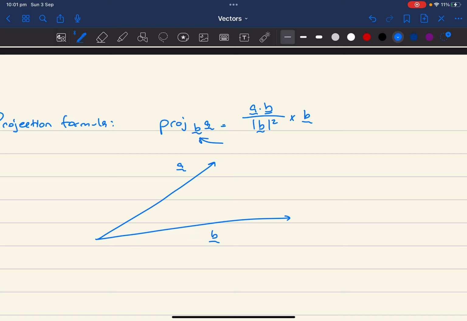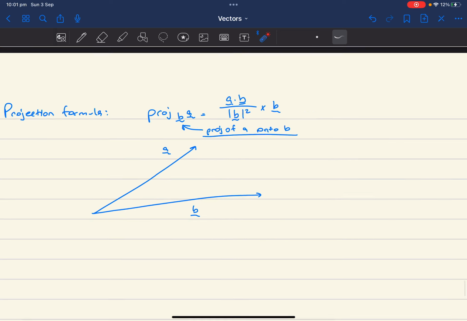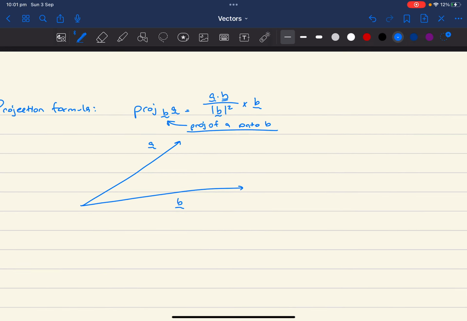That's what this means, projection of vector A onto B. So what it means visually is it's basically the component of A that is parallel with B, right? Or in plain English, it's essentially just the shadow cast by A onto B, right?